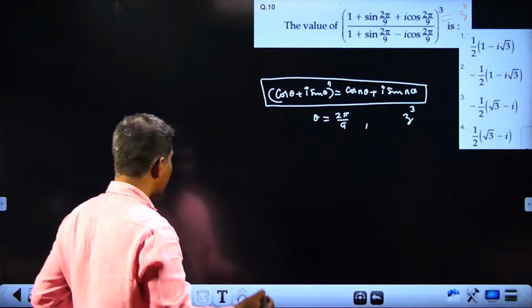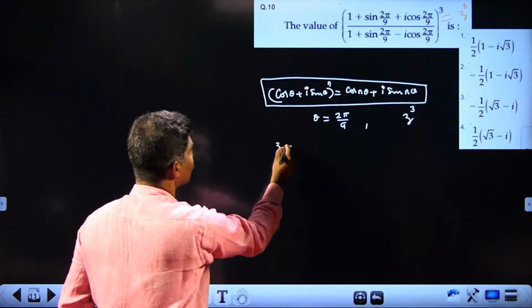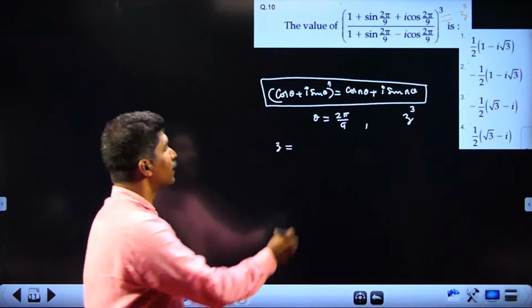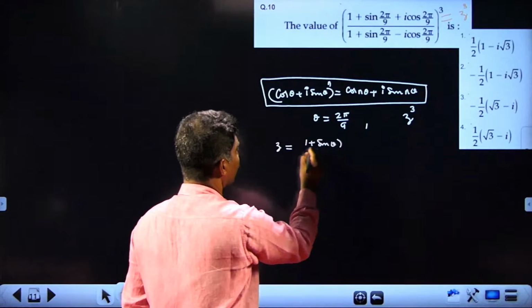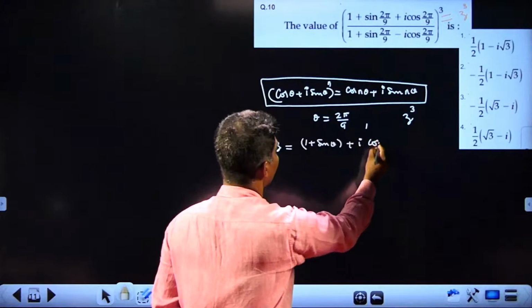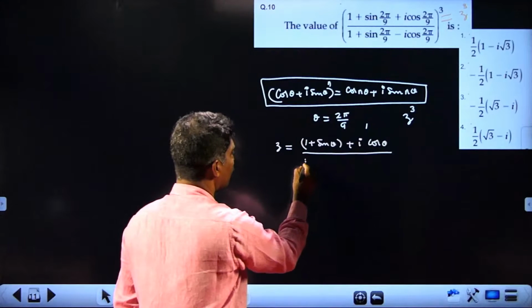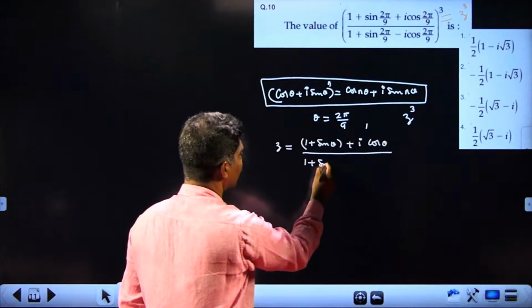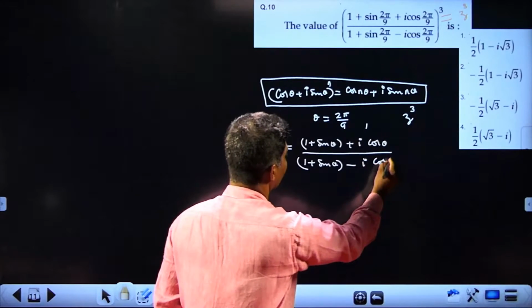Then, first we will simplify for z only. What is our z now? z is equal to 1 plus sin theta plus i into cos theta divided by, now what is the denominator? 1 plus sin theta minus i into cos theta.